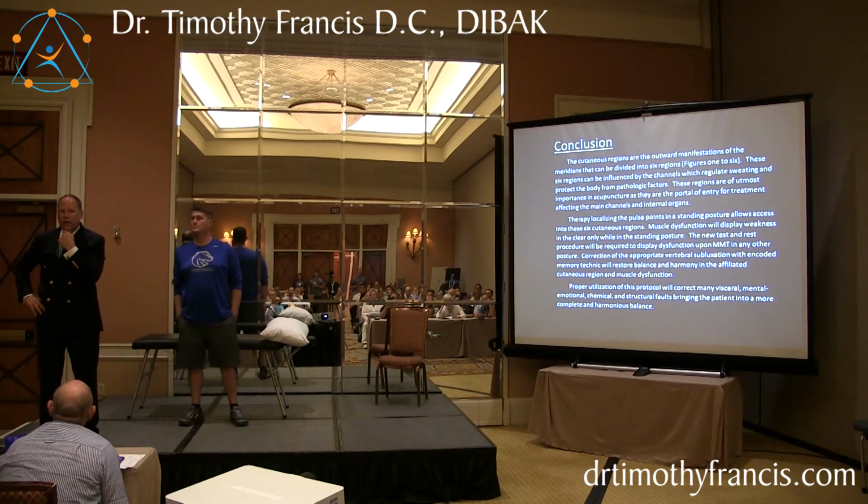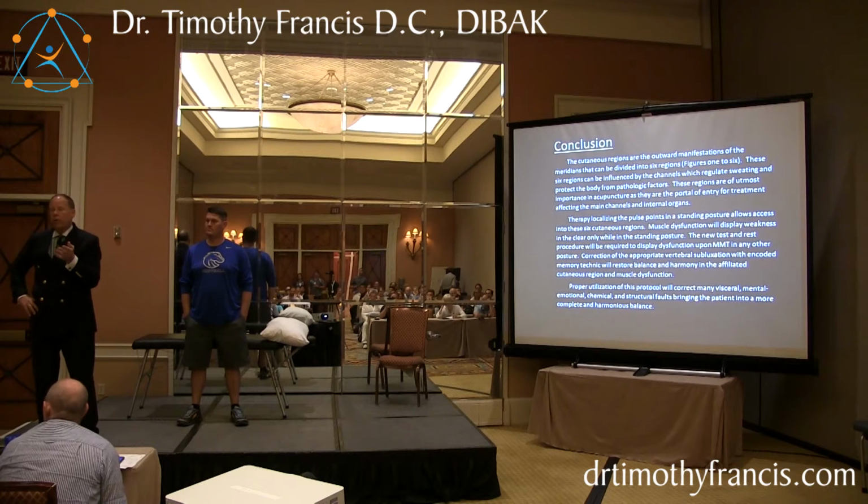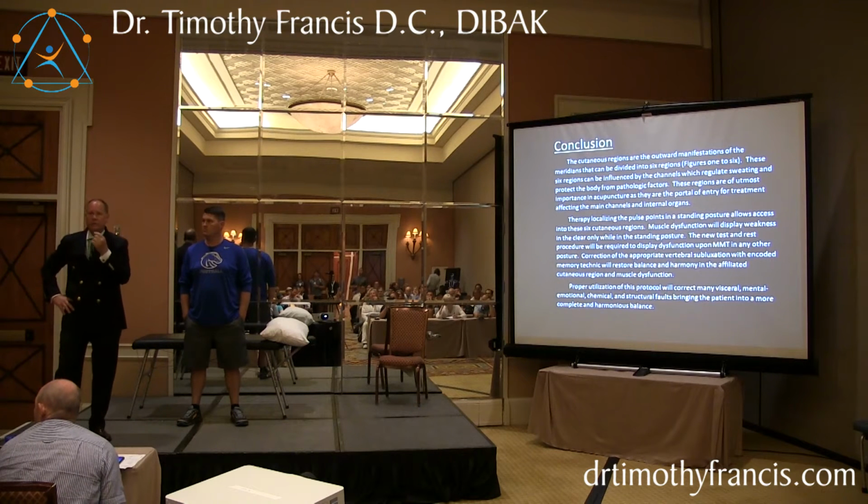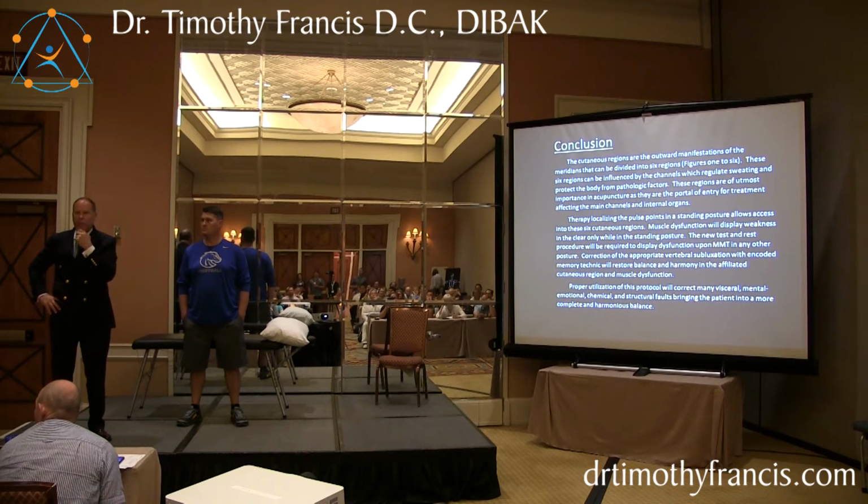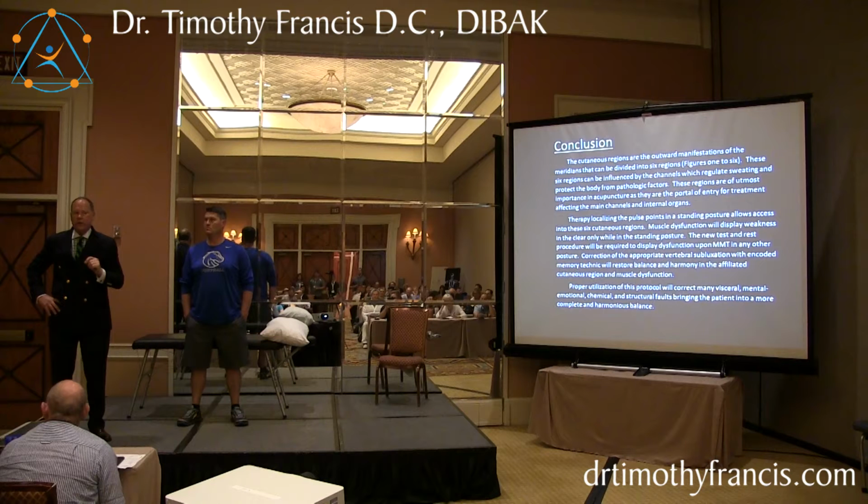What's its spondylogenic? 6. And what's its Lovett? 5. Okay, so we would adjust T5 with encoded memory technique. Got it or no? So you go to the associated point, go to its Lovett, go to its spondylogenic, go to its Lovett, and you adjust that with encoded memory.